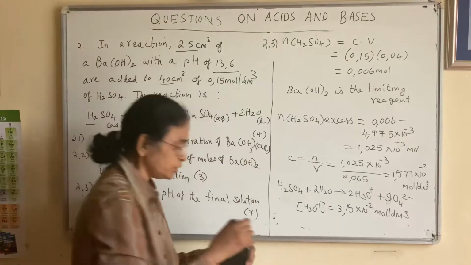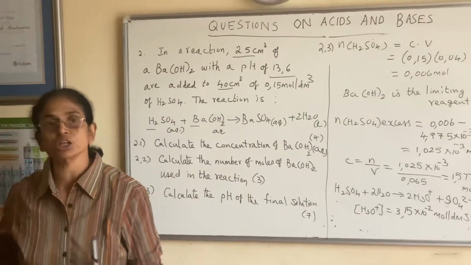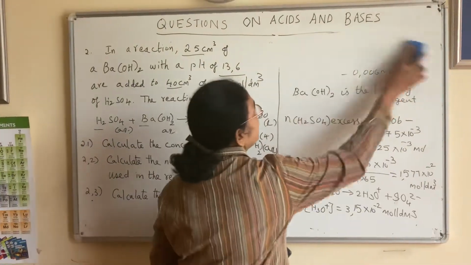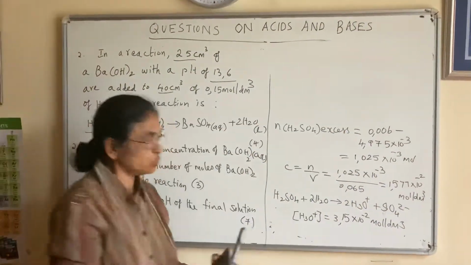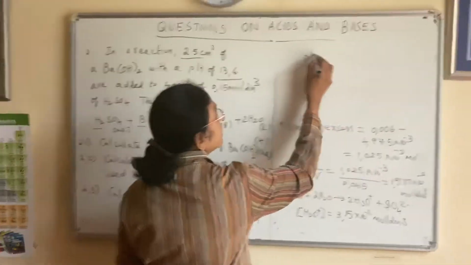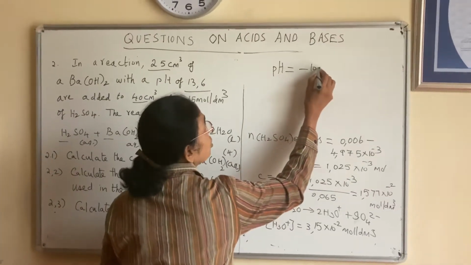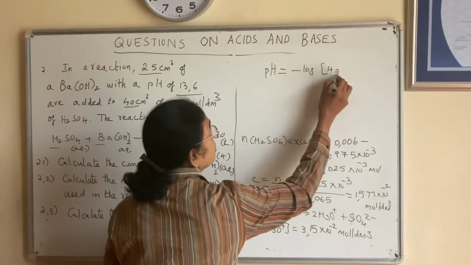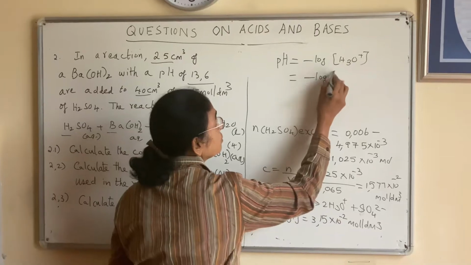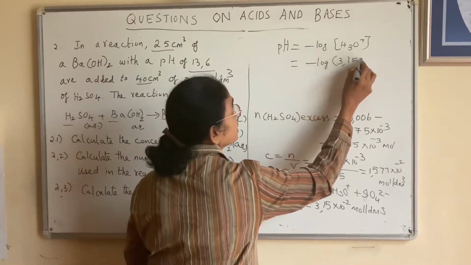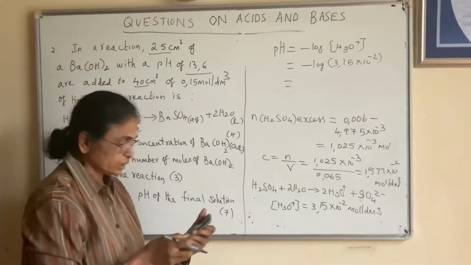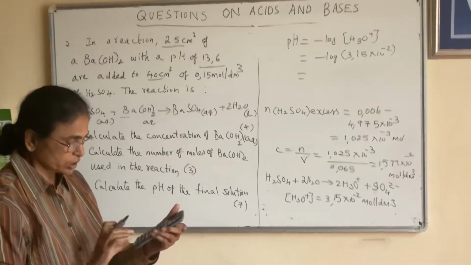Anytime we want to find pH, we need to know the concentration of H3O+. Now we are going to use the pH formula, you know, and we know how to apply that one. So pH is equal to negative log of H3O+. pH is equal to negative log of 3.15 times 10 to the power of -2. Let's do the calculation.